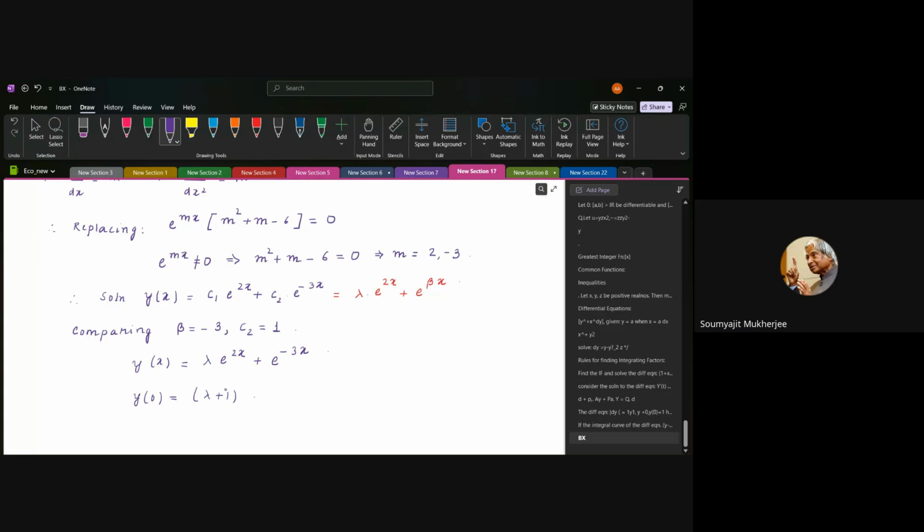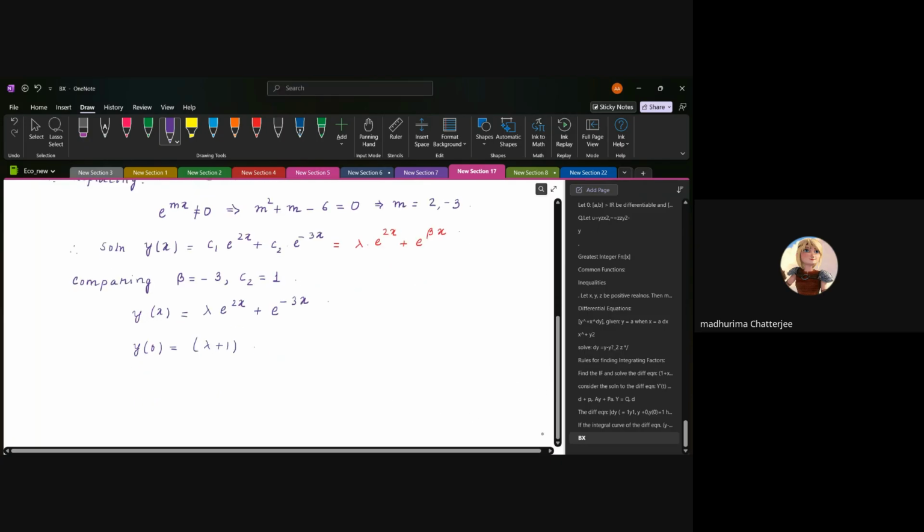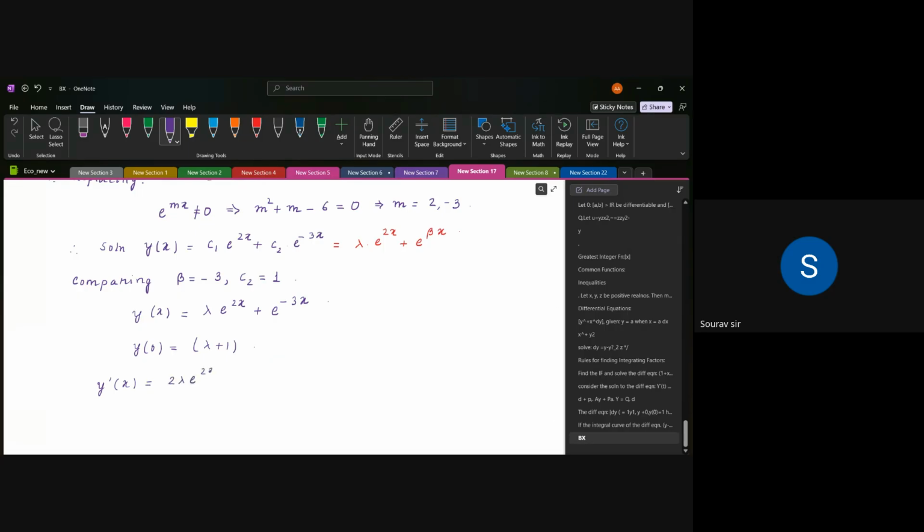Y dash 0 is equal to 5 is given, so we have to differentiate y of x and then find lambda. Yes. So y dash of x will be 2 lambda e to the power 2x minus 3 times e to the power minus 3x.